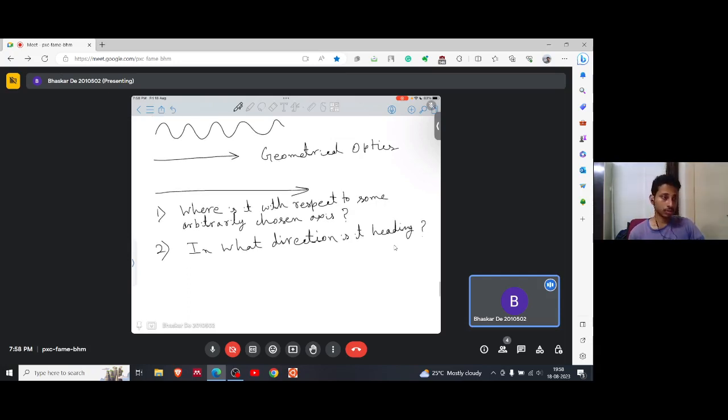Only these two questions we need to answer in order to treat the laser beam as we treat an EM wave in geometrical optics, or in ray optics.